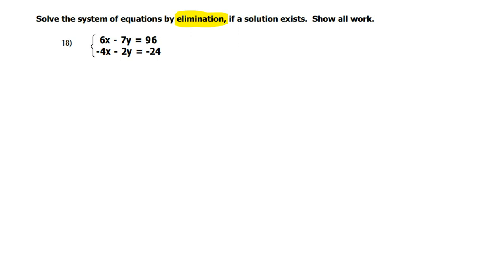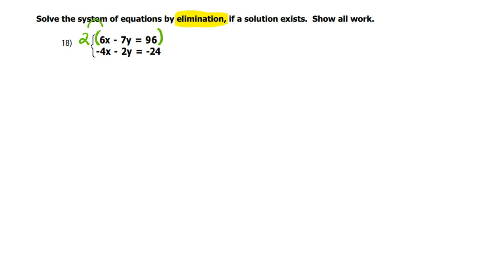I'm looking at my x's and I know that my 6 is already positive and my 4 is already negative. So they're already opposite signs because you need opposite signs to cancel out. What I don't have is the same number. So what I'm going to do is take this top equation and multiply everybody by 2.